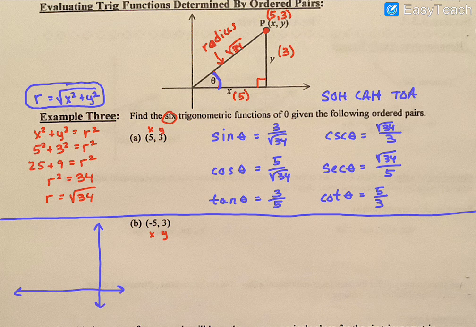Setting up a drawing over here for it. So the idea would be that if we go left 5, up 3, and it's not precise here, we would have that point right there of negative 5, 3. And the idea that this would be an angle going through the point.